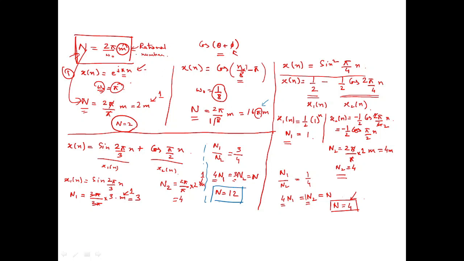Now I said m should be a rational number. Suppose m is equal to 1. We are taking it as a rational number. Then we get N equals 2, which is also a rational number. So if m is a rational number, and due to that capital N is a rational number, then the signal is regarded as a periodic signal.